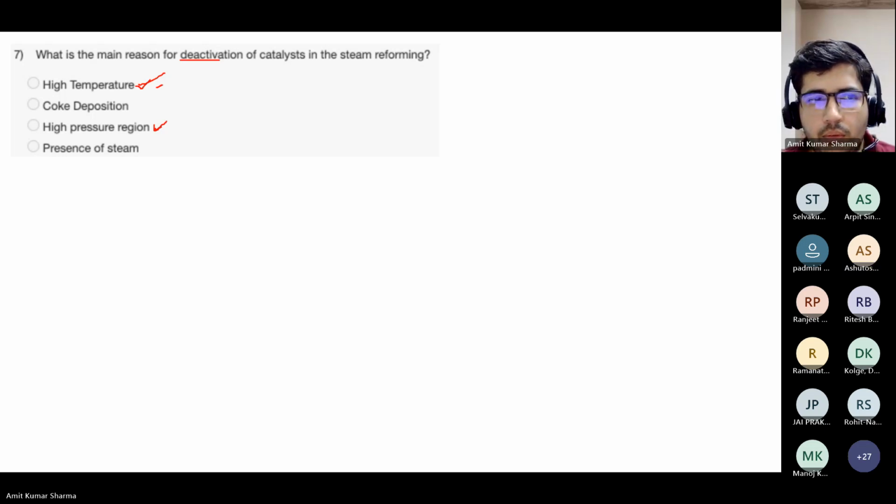Because when we increase the pressure, the velocities will also increase, and due to high velocity, erosion will happen. Okay, so how are you connecting the erosion to the deactivation of catalysts?